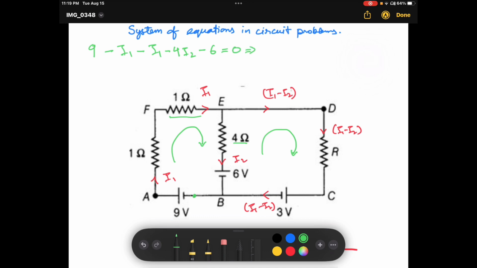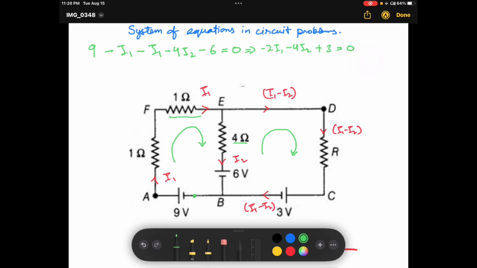This is our first equation, and in this I1 and I2 are the two variables. Okay, let's simplify this a little bit, collecting this, minus 2I1 minus 4I2, and here we've got 9 minus 6 on the left hand side, so that is plus 3 is equal to 0.